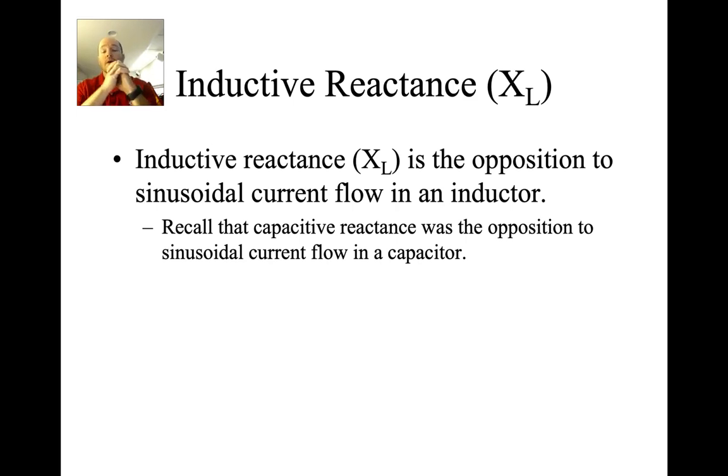Now if you recall, capacitive reactance is the opposition to the sinusoidal flow for a capacitor. What we're talking about now is the opposite, because inductors and capacitors are often opposites of each other. Inductive reactance is expressed in ohms, just like capacitive reactance is.